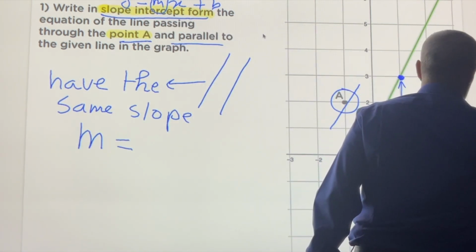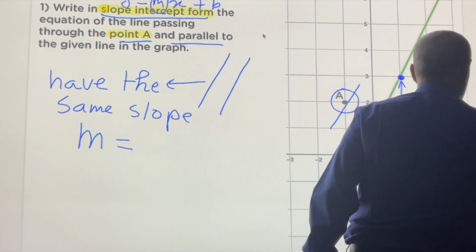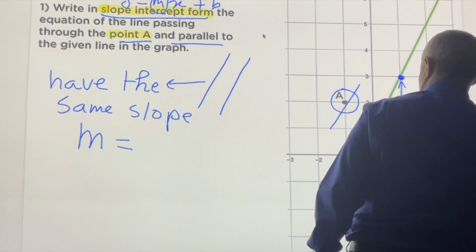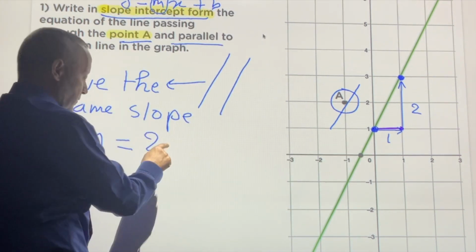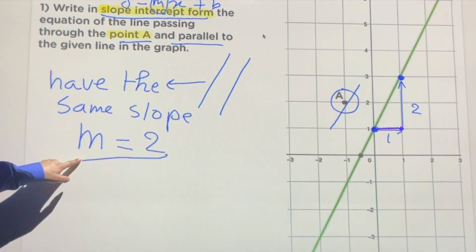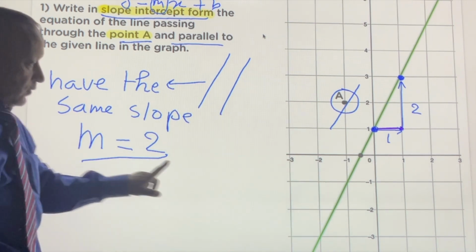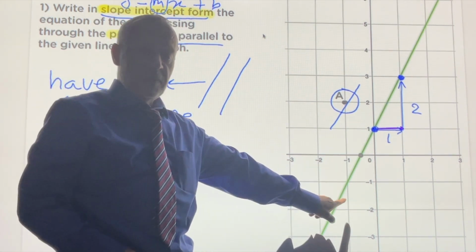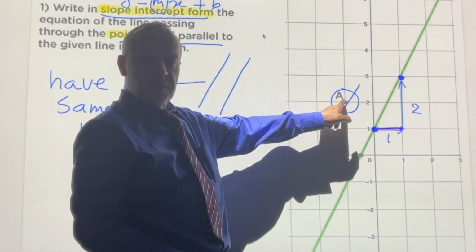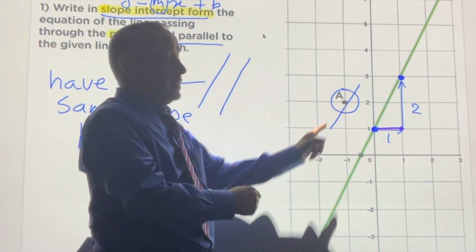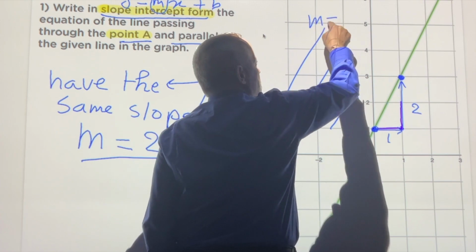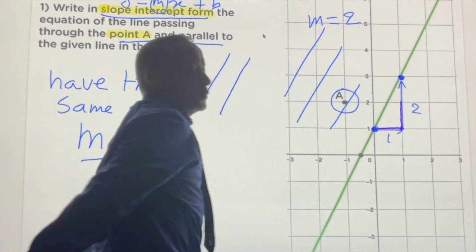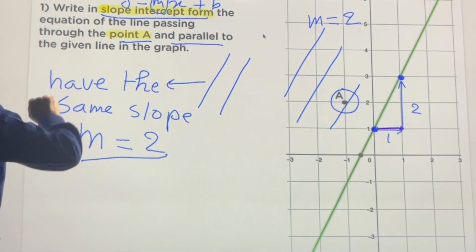That's why I chose that point. Good. So my slope is 2. This slope is the slope for the green line, the given line, and the parallel line. Any line of this form has a slope m equals what? 2. So we have the slope.